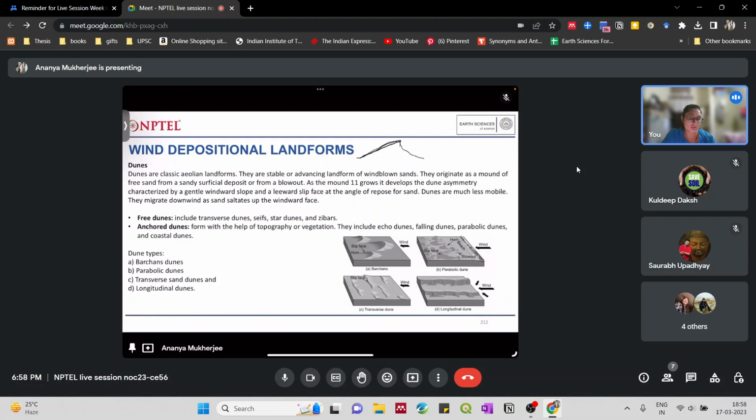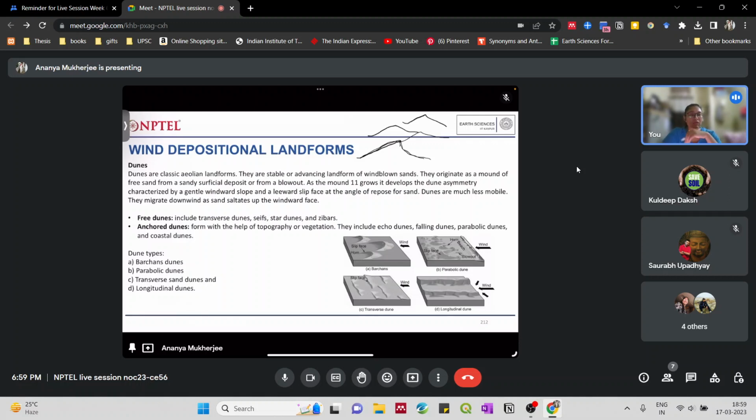This is the side profile, and a lot of them form in one place, and you have seen in a lot of pictographic or visual representations how large dunes are formed at places. Usually they are stable, but there are some dunes which can advance in the wind direction, or they can get reshaped as and when the wind changes its direction.